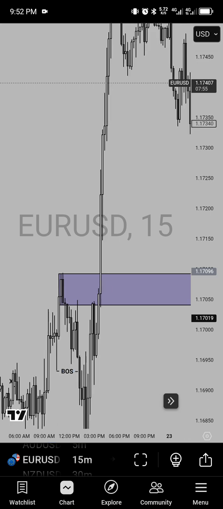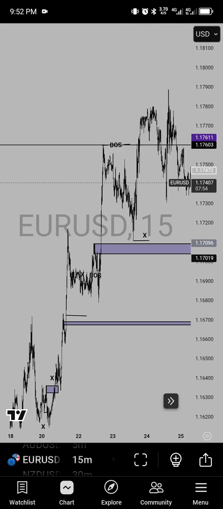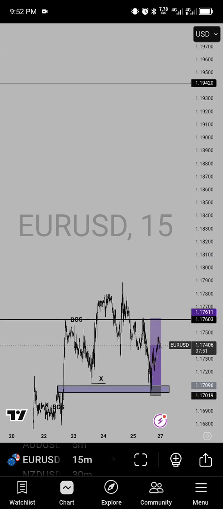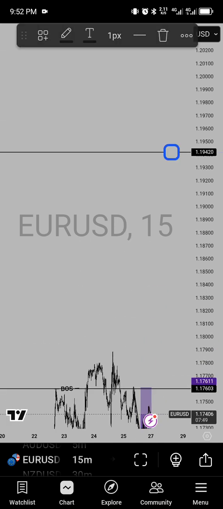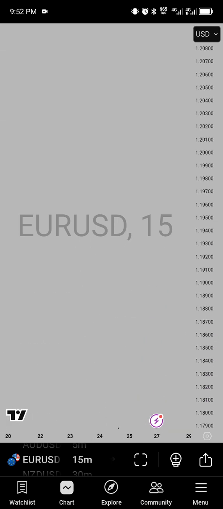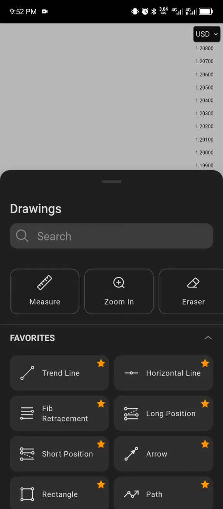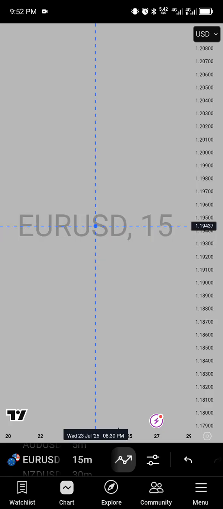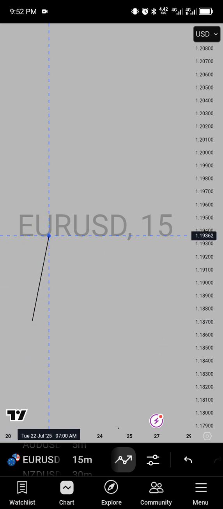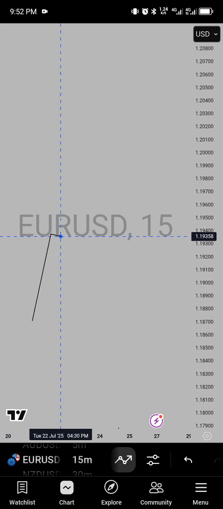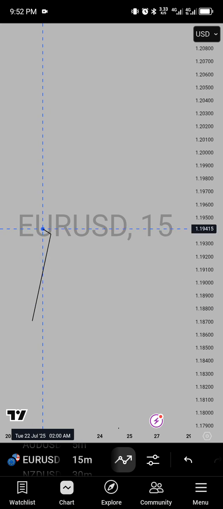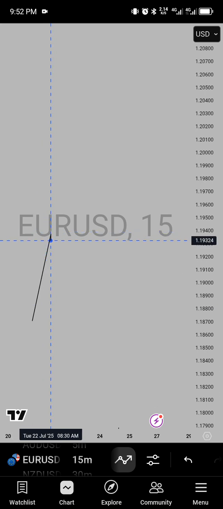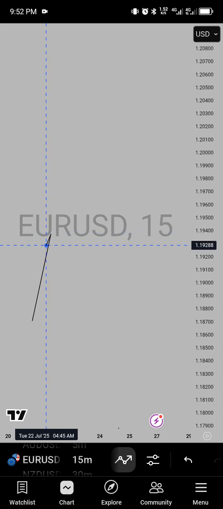But let me show you what we first of all take note of before analyzing the market. So going to a clean chart, this is what I usually look for. First of all, what's the structure? This is our breaker block. First of all, an order block, because it failed, it then became a breaker block.